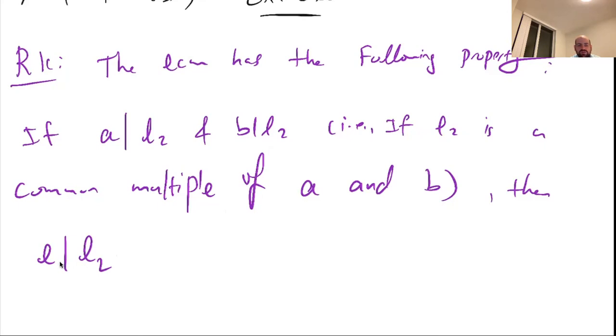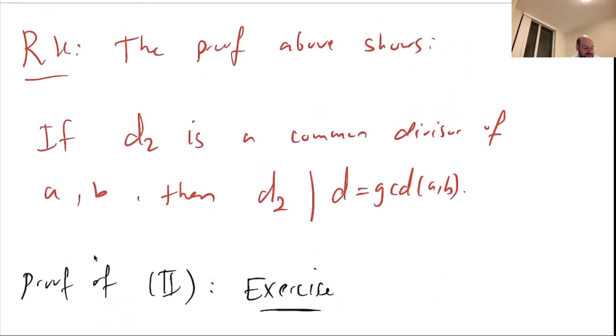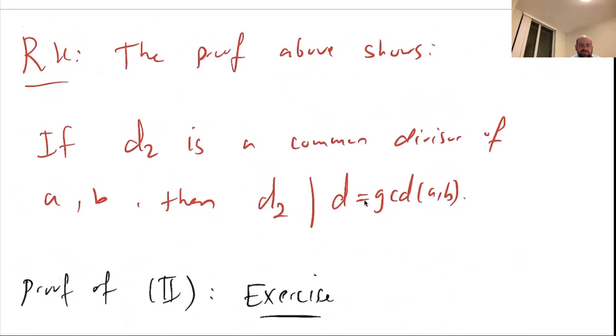Normally, if one number divides the other one, the first number is less than the other, right? Let me tell you one way to remember this property. For example, think about 5 and 10. 5 divides 10, and 5 is less than 10. In the case of GCD, D was the greatest common divisor, and D2 was less than that, so D2 was dividing it.